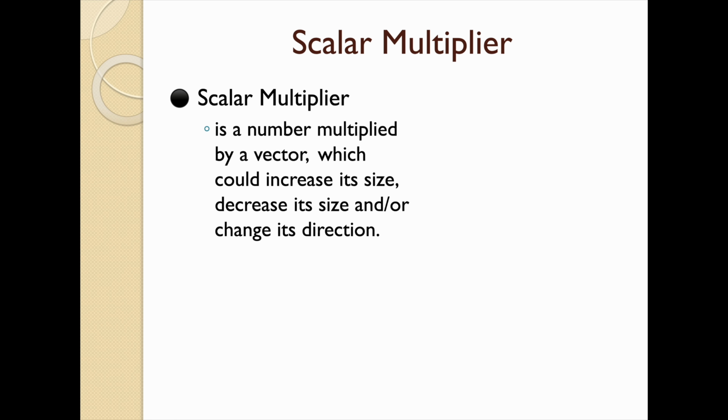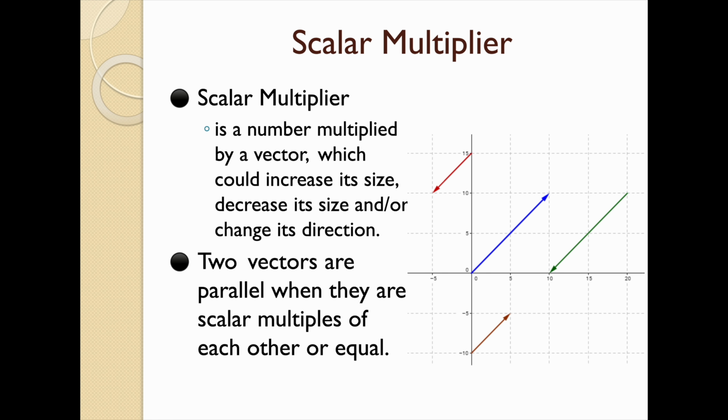Now, two vectors are parallel when they are scalar multiples of each other or equal. All right, so we're going to understand what that means and what that translates to mathematically as we go along our journey. So I want you guys to take this down. You don't have to take down the diagram part of it.